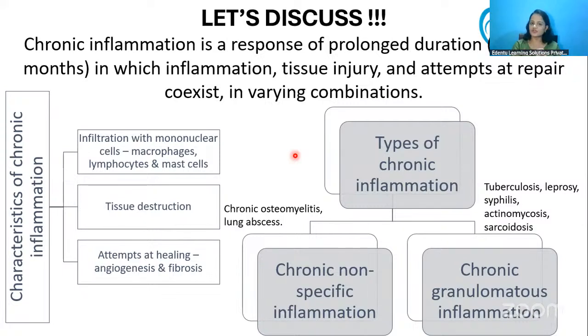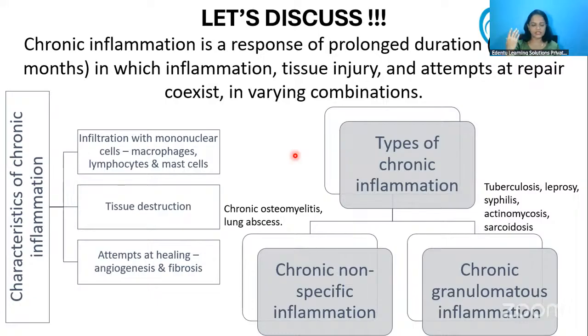One is the typical inflammatory process with the help of chronic inflammatory cells like macrophages, lymphocytes, and mast cells. Okay, you'll be able to see such cells in the area of chronic inflammation. And next is the tissue injury.